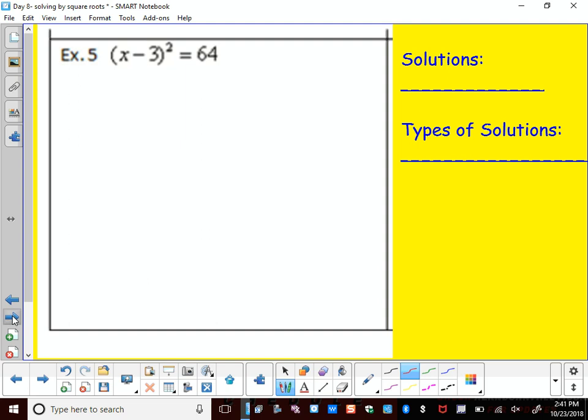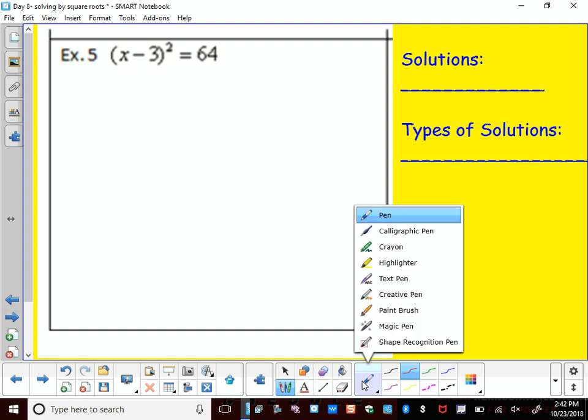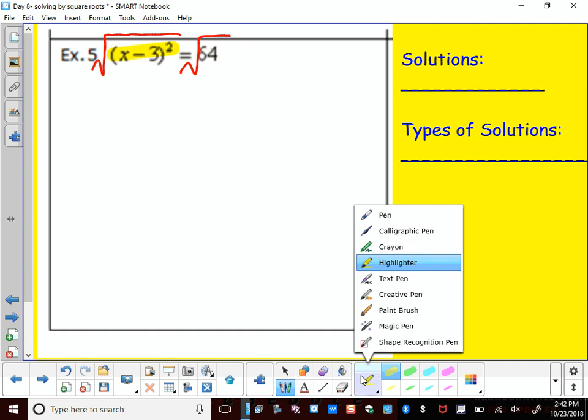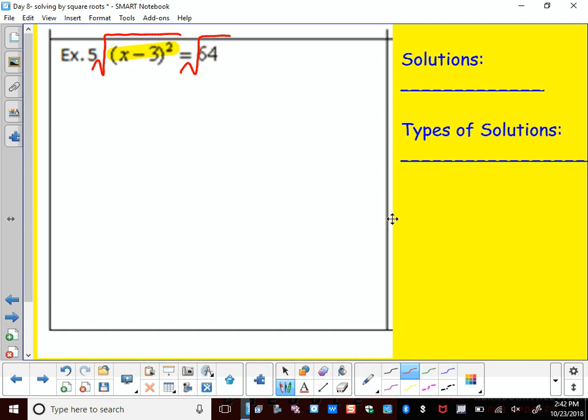Alright, look at the one in the middle. I have x minus 3 squared equals 64. So I'm going to take the square root of each side. There's nothing else attached to that parentheses and the square. I have all this by itself. So basically that's x squared.